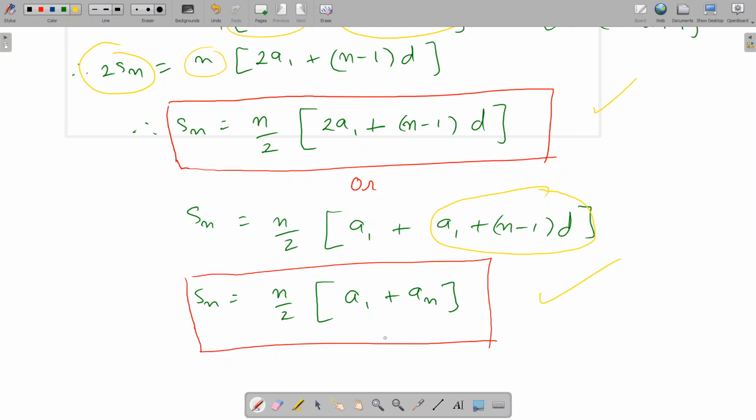So this is the second formula. That is, the sum of n terms of an AP is the sum of the first term and the last term multiplied by the number of terms divided by 2. So this is another formula to find the sum of n terms of an AP, and this is the first one which we have obtained. Both the formulas can be used as per the requirement.